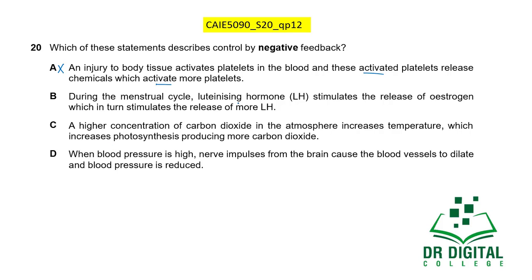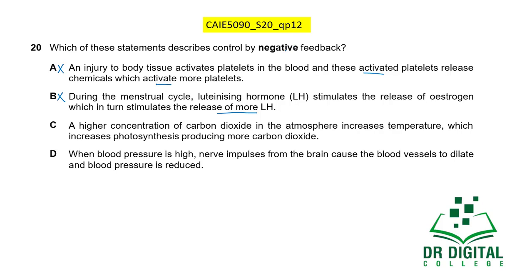During the menstrual cycle, luteinizing hormone stimulates the release of estrogen, which in turn stimulates the release of more LH. So LH is doing some process. The result of that process is increasing the secretion of LH. That is once again positive feedback. This is not the negative feedback.